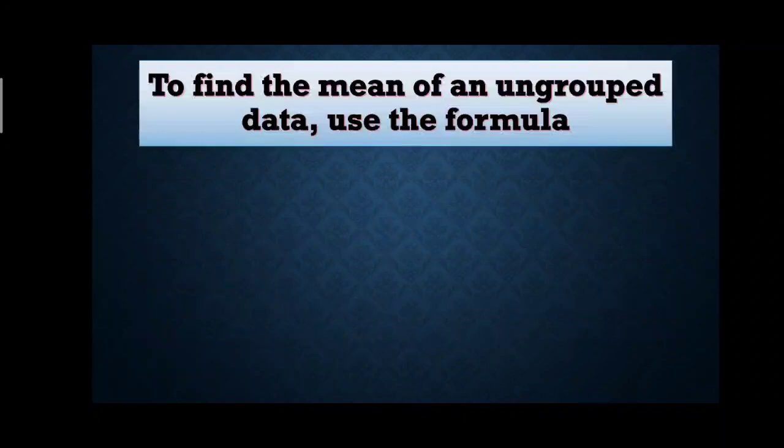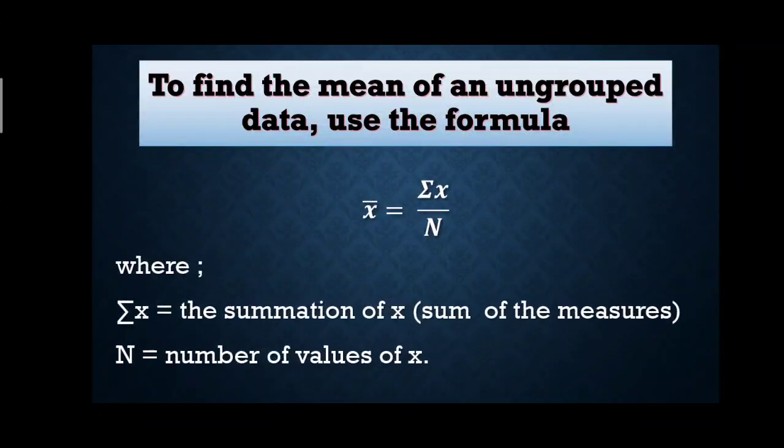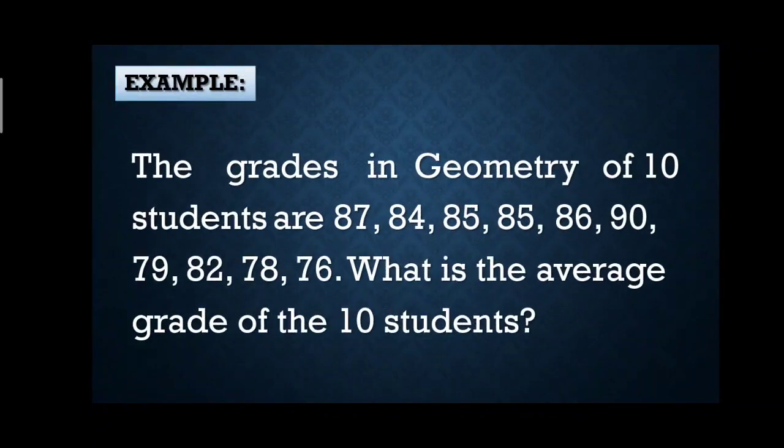To find the mean of ungrouped data, we have the formula: x bar, or the mean, is equal to the summation of x all over n, where summation of x is the sum of the measures, and n is the number of values of x. So we have an example.